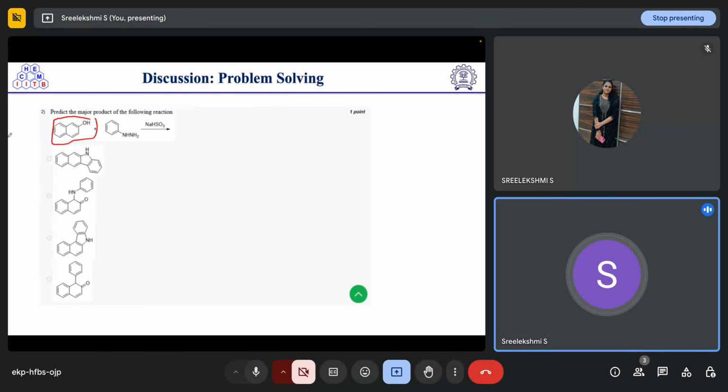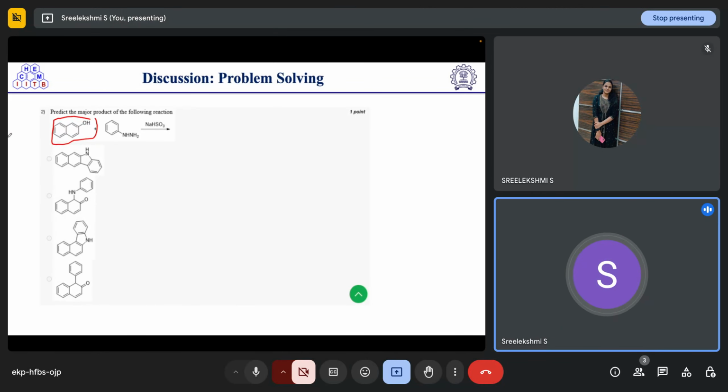So here what is happening is that our first compound, in the presence of acid, will get protonated, and this species will be forming, which will be resonance stabilized with this structure.